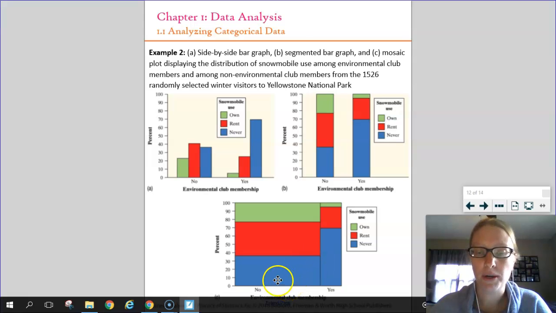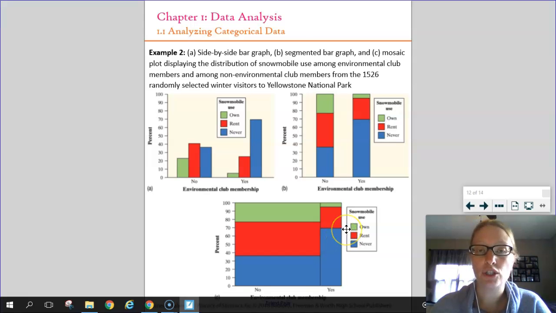I can also see pretty clearly that the distribution for people who are not environmental club members is pretty even for owning a snowmobile, renting versus never. And again, the distribution is much higher for those who are environmental club members who have never owned a snowmobile.